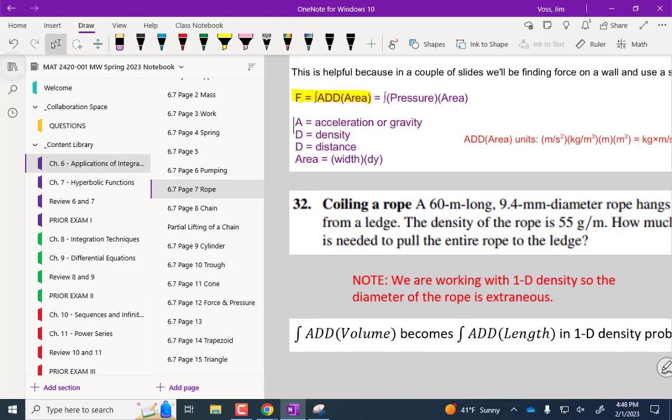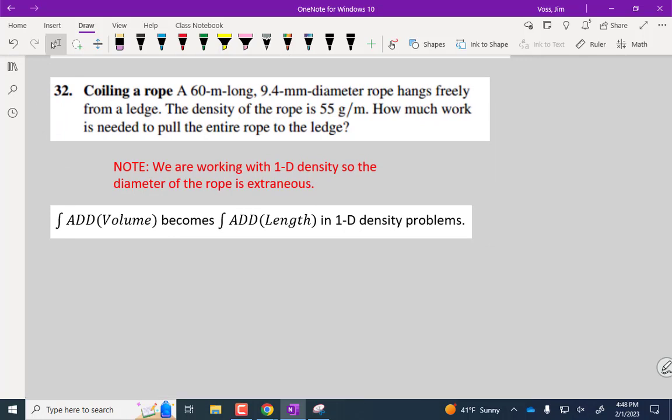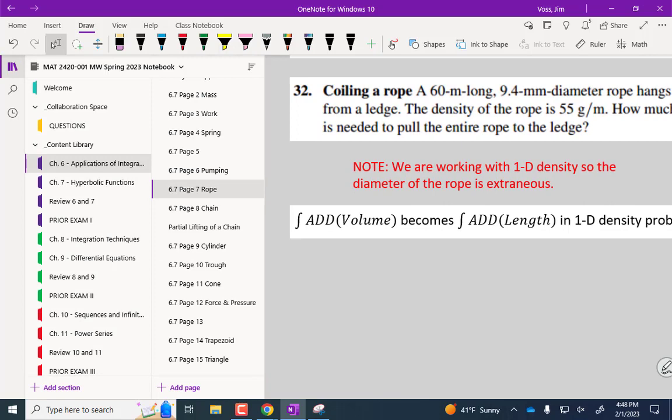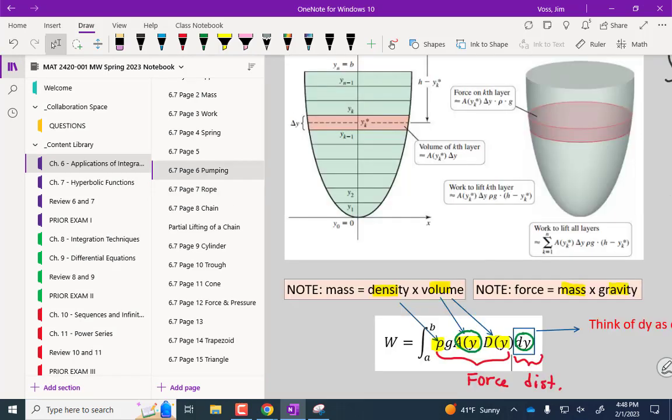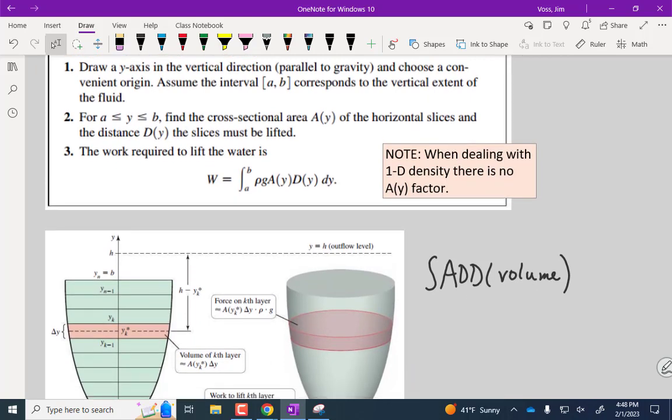This is a slightly different case, a rope or a cable. So we're going to page 7. Note the note right here. When dealing with one-dimensional density, there is no A of y.